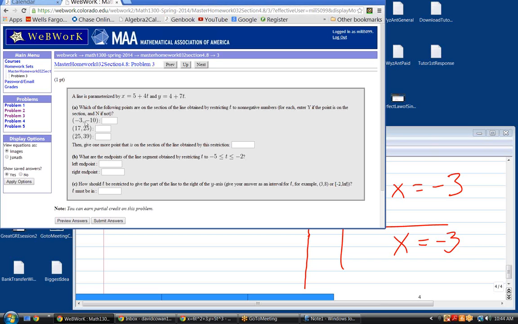In other words, parametric equations are not just two equations like this. You also have a domain for t. T isn't always just all real numbers. Sometimes t goes from like -5 to -2. If we restrict t to just positive numbers, then can we get an x of -3 and a y of -10? I'd say no.